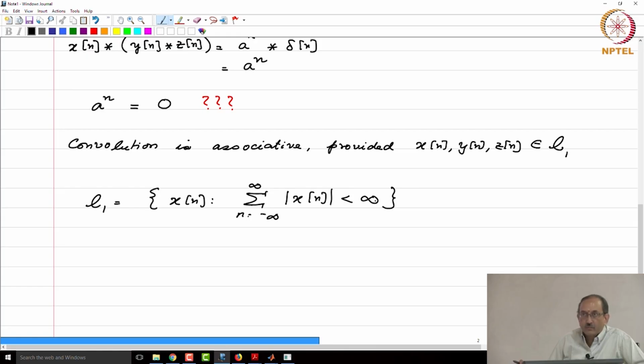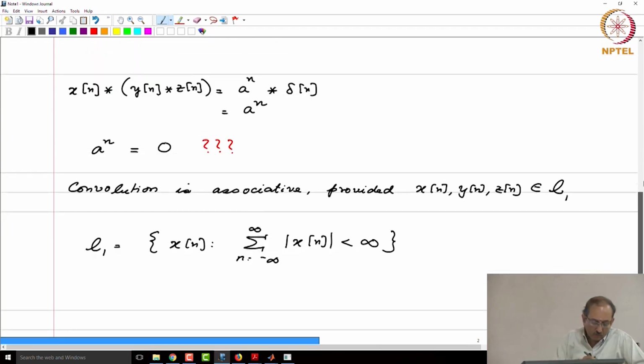Only if all the three sequences under consideration belong to this class, only then we can make the conclusion that convolution is associative. Right here, we have come up with an example where associativity is not valid, and the reason is this condition is violated.